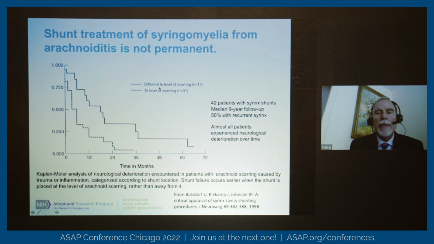And if they put the shunt in at a level different from the level of scarring, so you go at the 50% mark, it's less than 2 years of relief that these people have. And syringomyelia is a chronic disease, so there's a lot of 2-year intervals till the end of someone's life with syringomyelia.